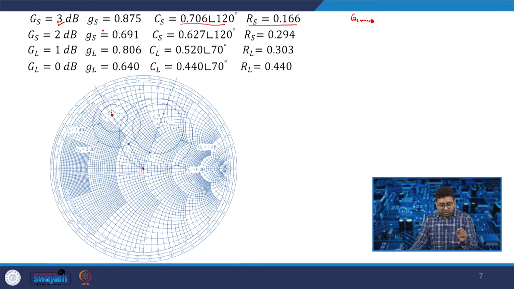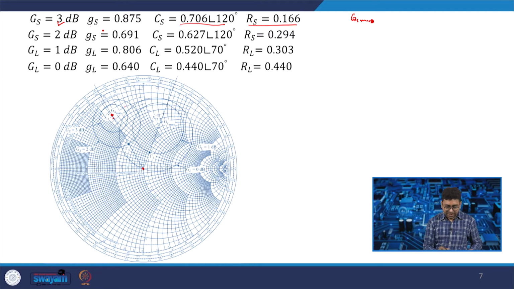At this point you will get the maximum GS max, and when you try to plot, this will come here at GS equal to 3 dB, and there is a circle. This angle will remain the same, and this point will always lie on this circle. So, the center will always lie on this line.